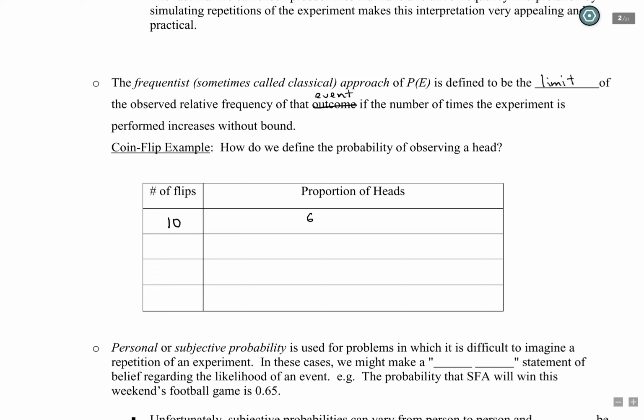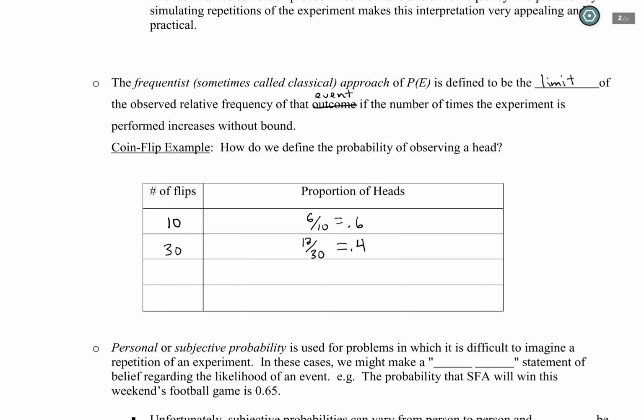Suppose I get 6 heads out of the 10 flips, so my proportion is 0.6. Now suppose I flip it 20 more times, and suppose I got 12 heads out of those first 30 flips. That proportion of heads is 0.4.